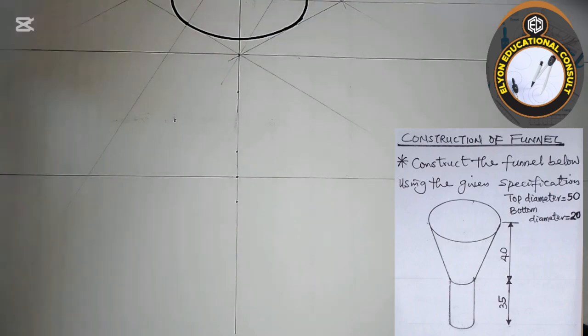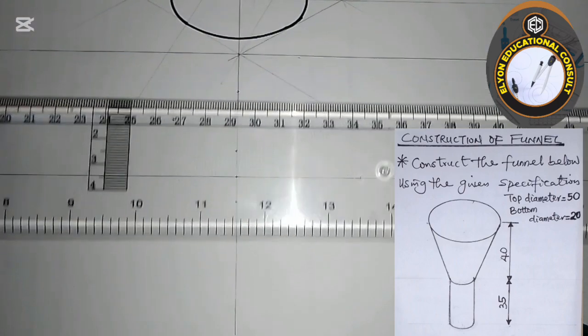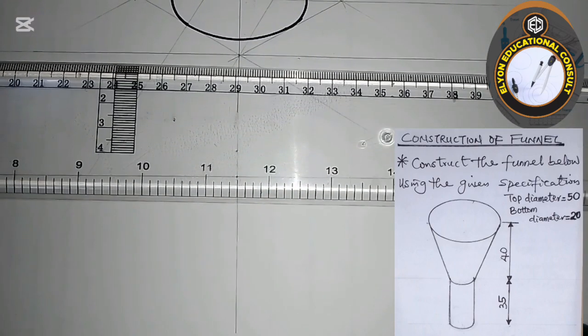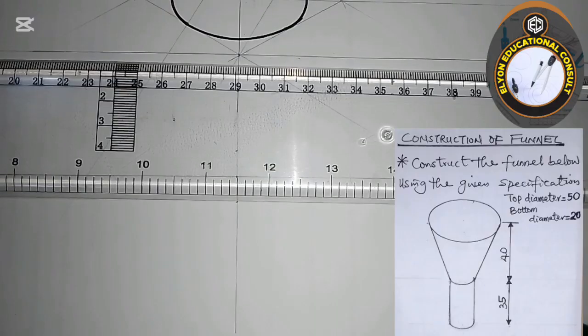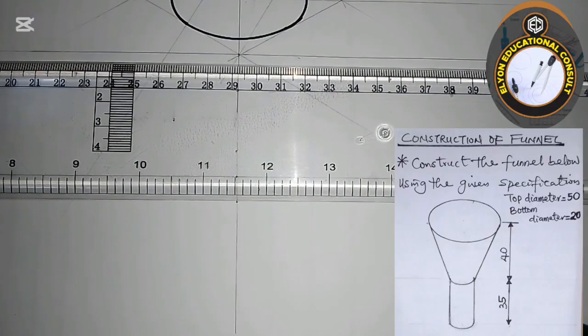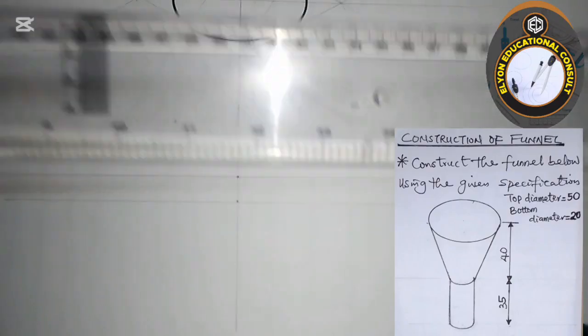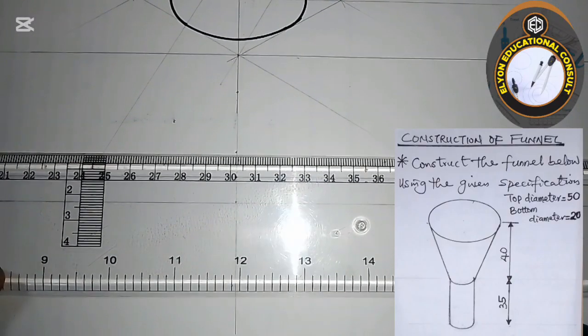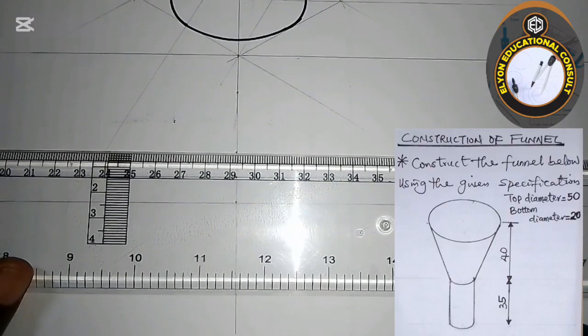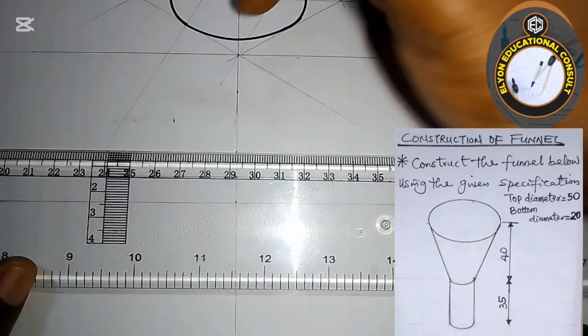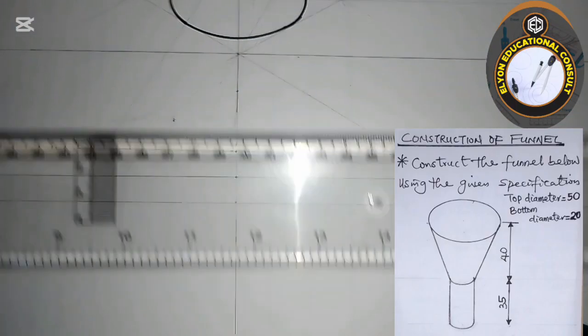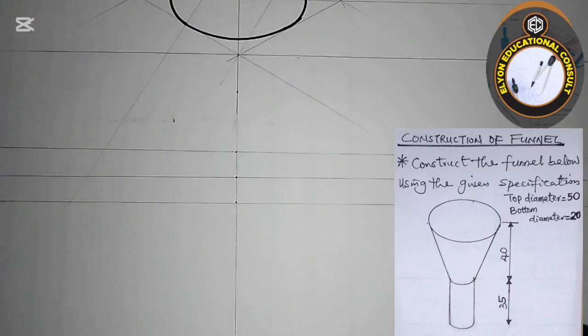Then the next one you will do now, I'm going to draw a horizontal line at that point now. So this way, then draw for the top as well. Okay, this way. Okay, so we have it that way.